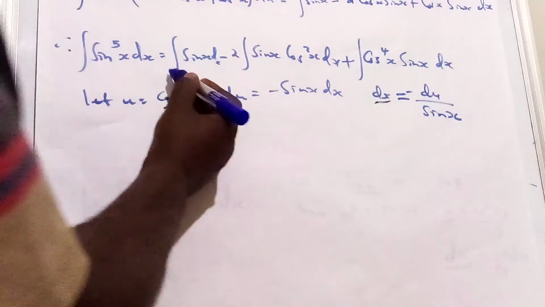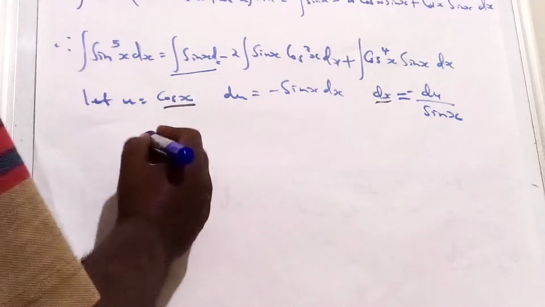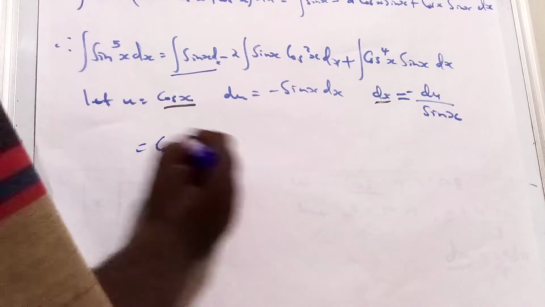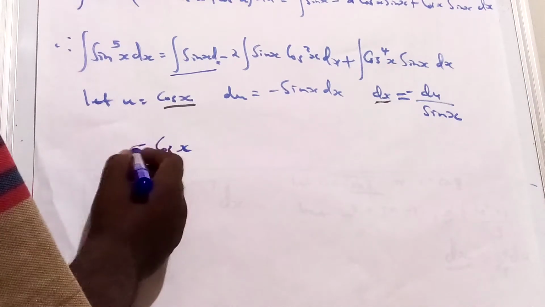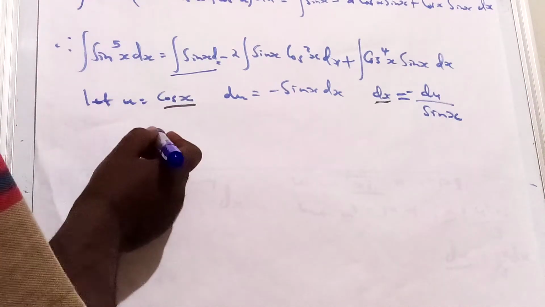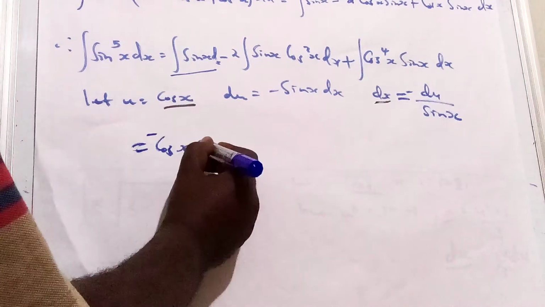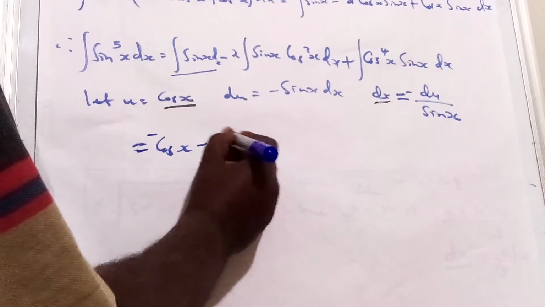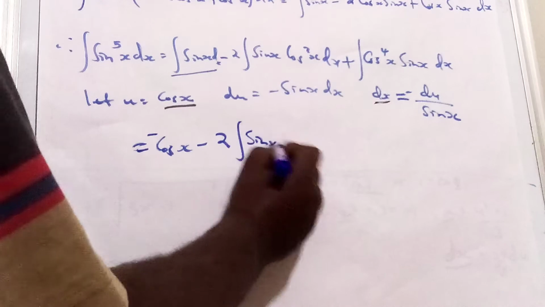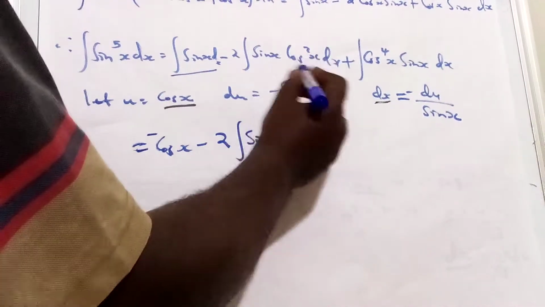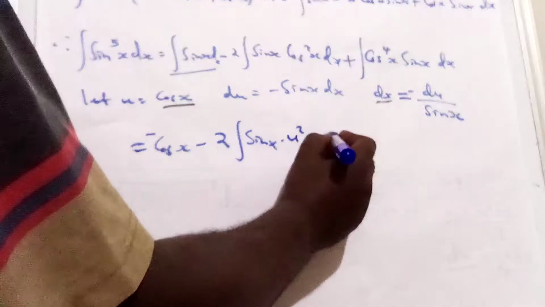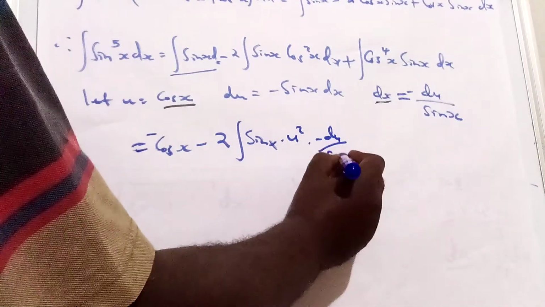The first term is pretty easy. We have that as the cosine of x. Of course, if someone had differentiated the cosine of x, they would have a negative sign. Therefore, we have our negative there. So for this one here, we shall have negative 2 integral sine x, and we let cos x equal to u, so u times u squared, and then negative du over sine x.